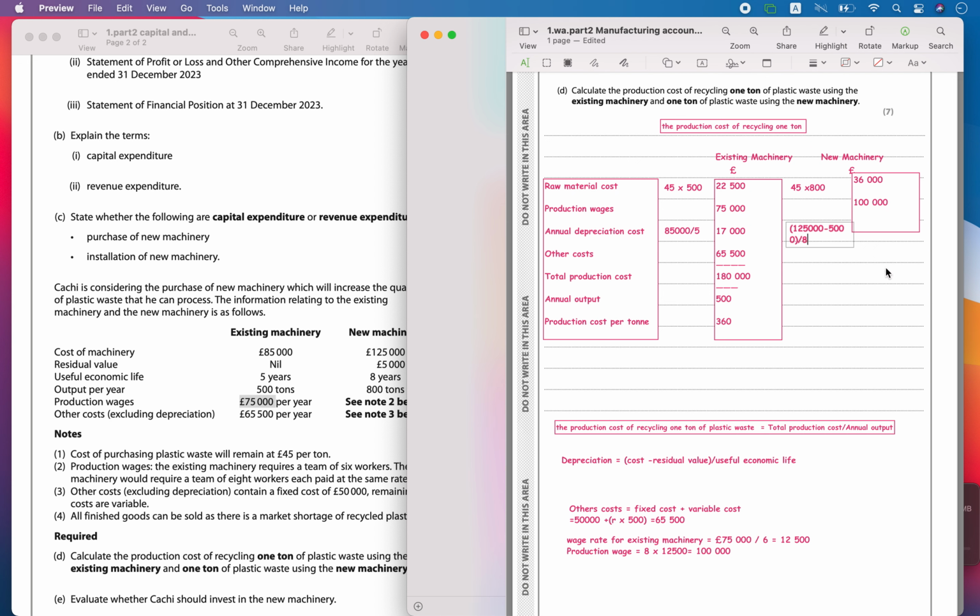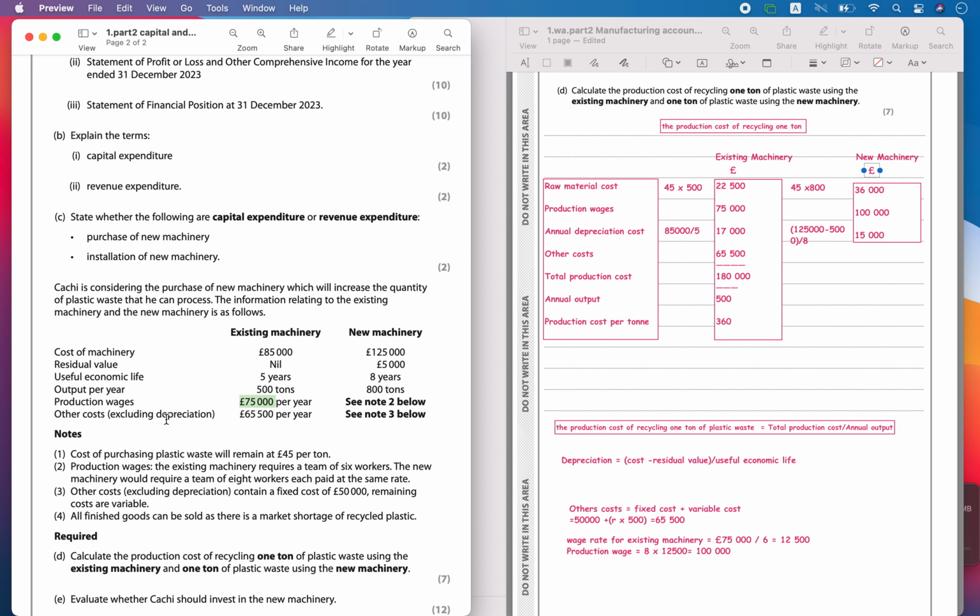So the value is going to be equal to 15,000. That's the annual depreciation cost for the new machinery.